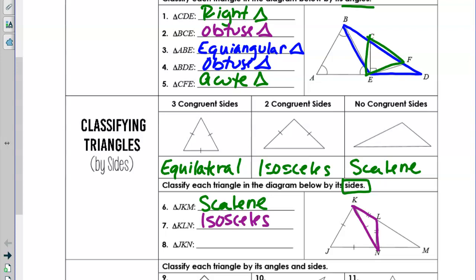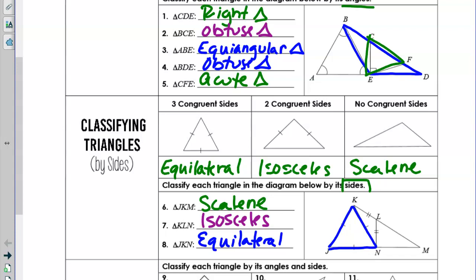Alright, and then we have JKN. What do you notice about JKN? All three are equal except that single tick mark. So what would I call this one? Equilateral. Very good.